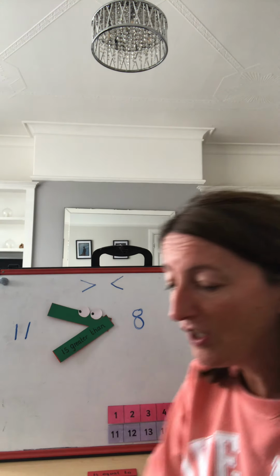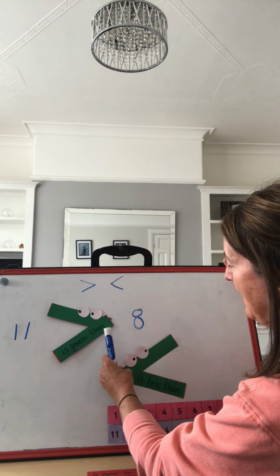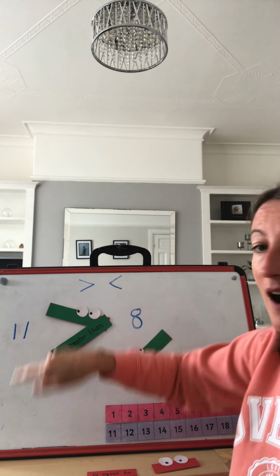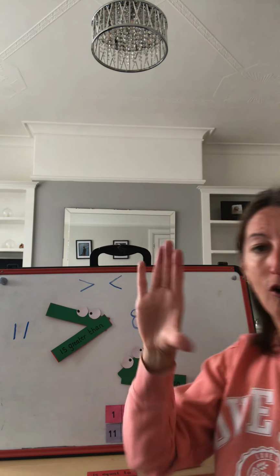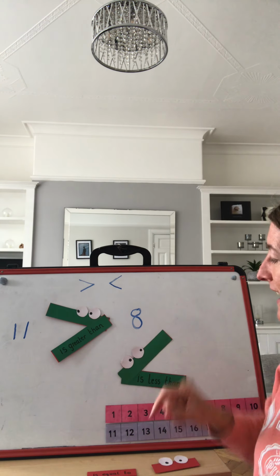But if I wanted to use my less than, I'll show you a little clue now. Can you see the big part goes next to the big number? The big crocodile eats the biggest number. So 11 is greater than 8.